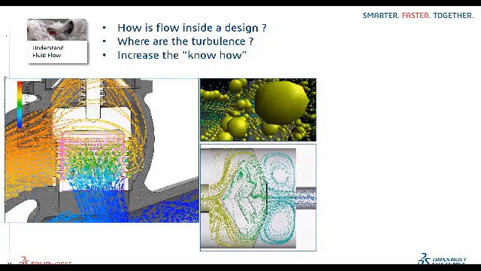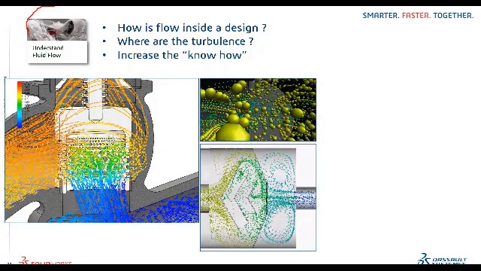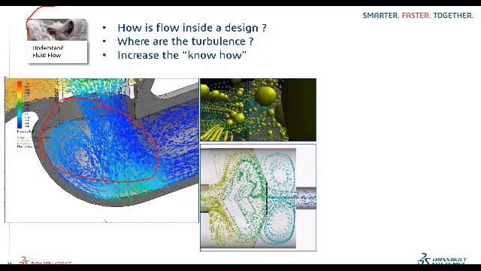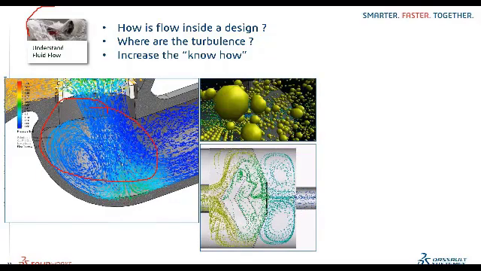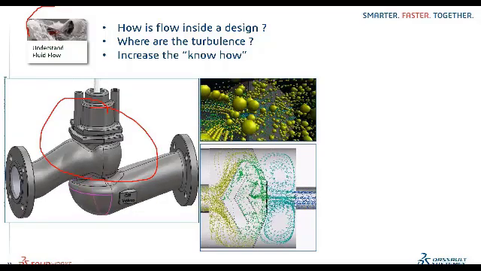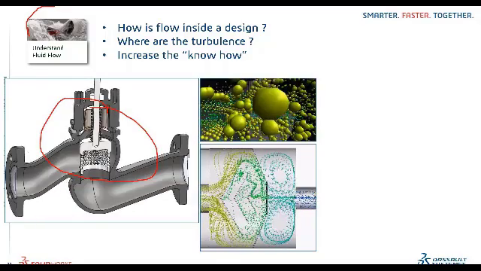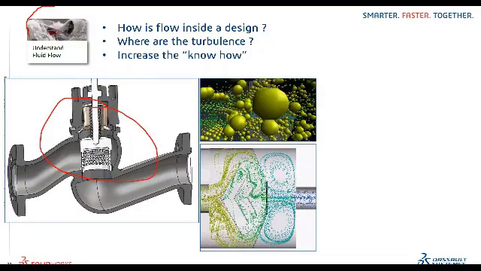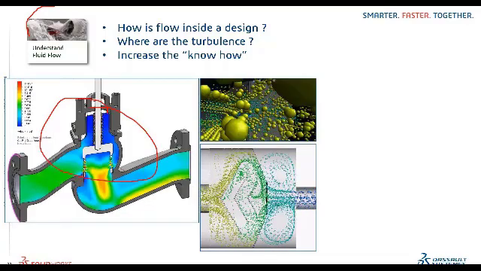How do we know where the recirculation zones are? Where are the negative pressures that are being developed? And how exactly is the noise due to the pressure drop or the change in the negative pressures? We will be able to hear some amount of noise. So what is the amount of noise that is being developed? We will be able to understand and visualize all these phenomena using the CFD tool.